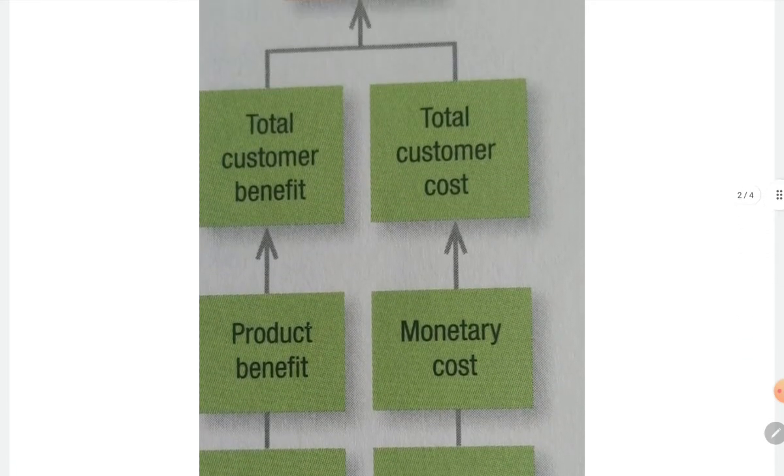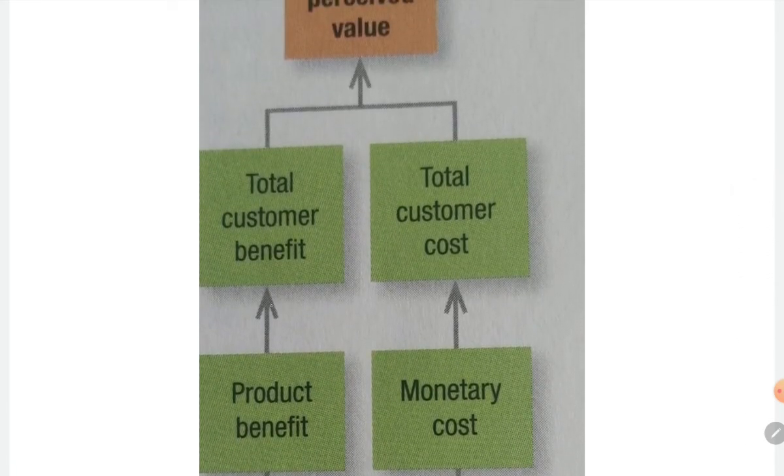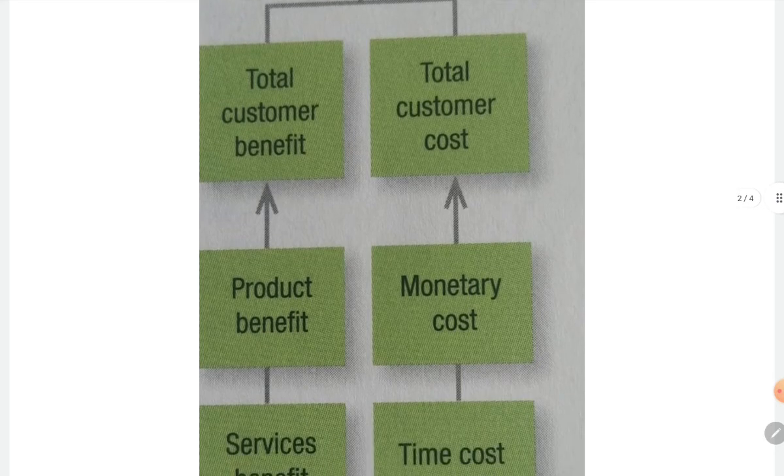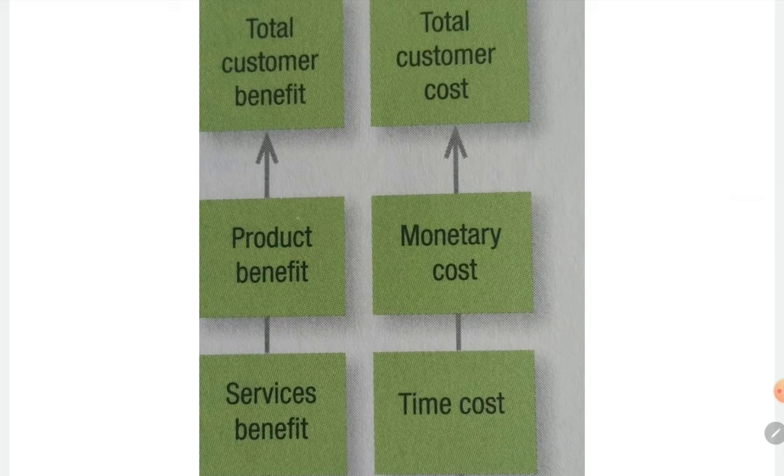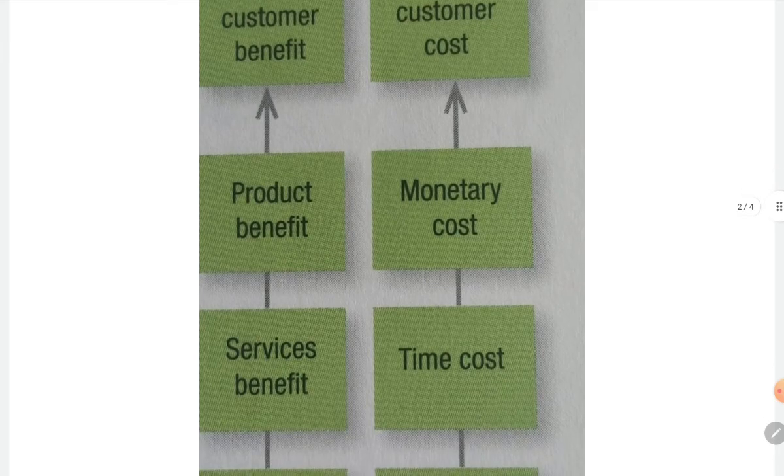So if you see the list of benefits, there are direct benefits which, as a consumer or customer, I am going to receive from the product. Many times product benefit will be limiting itself to functionality.